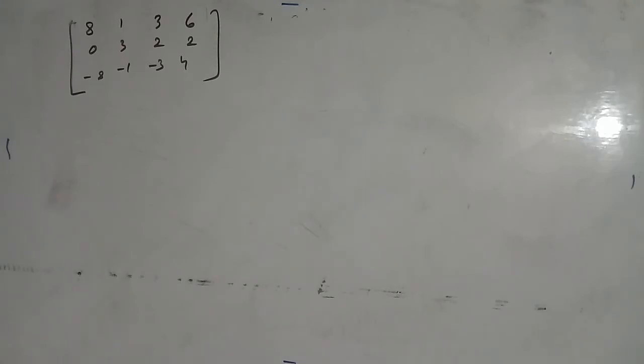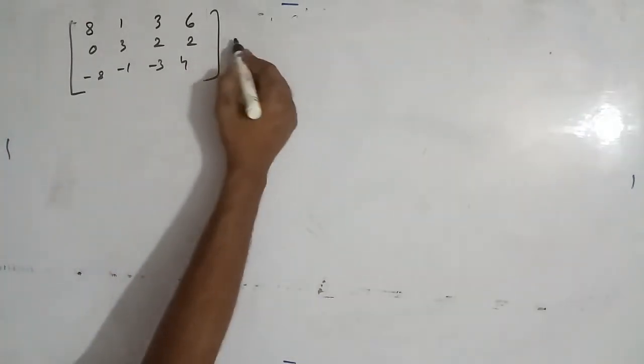Okay, so we can see that the leading element of row 1 is 8. So we have to make it 1, and to make it 1 we have to multiply row 1 by 1 by 8.